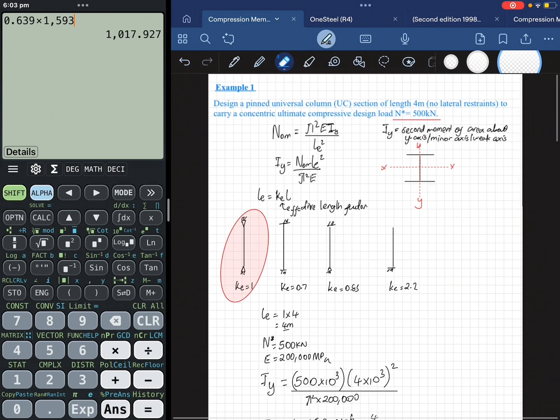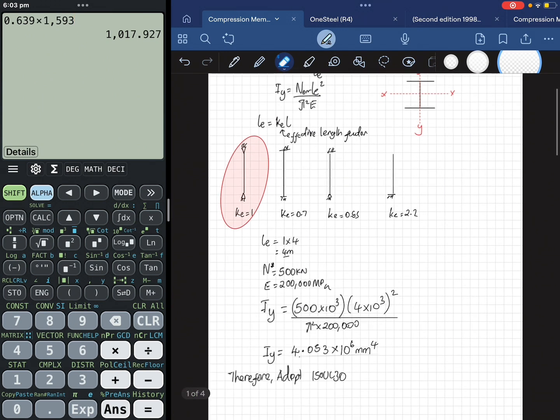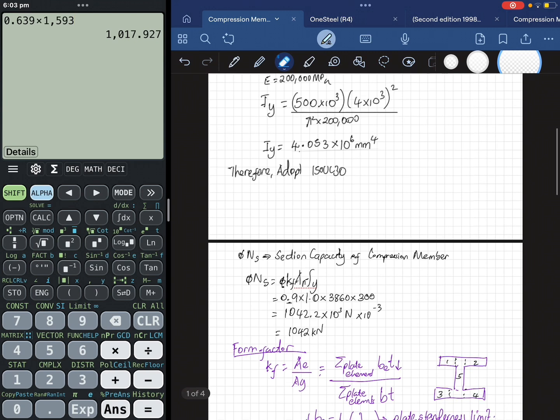So in summary, you rearrange and try to find Iy, and once you've got Iy, you look at the one steel table and get something approximately around that region, but you go one up.